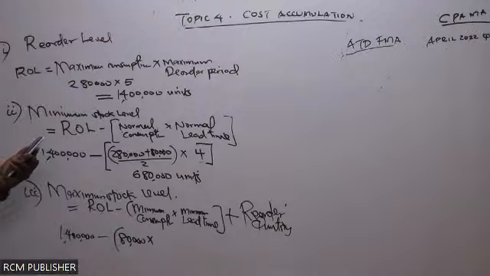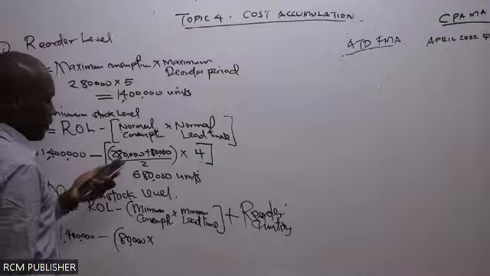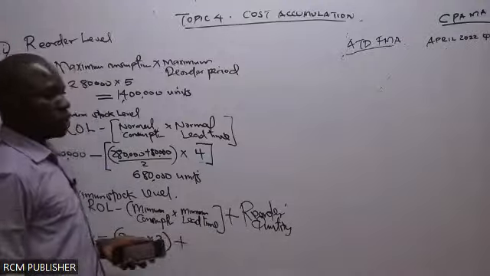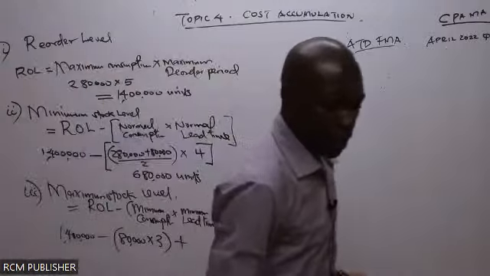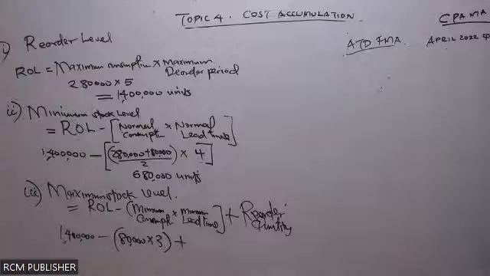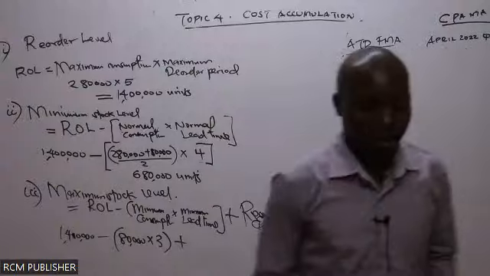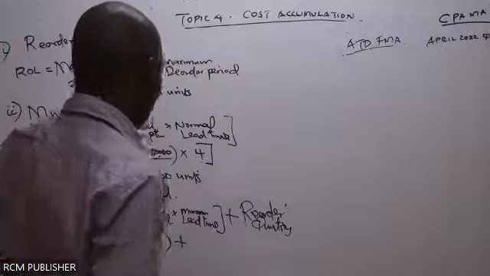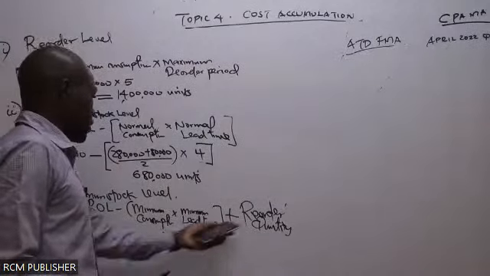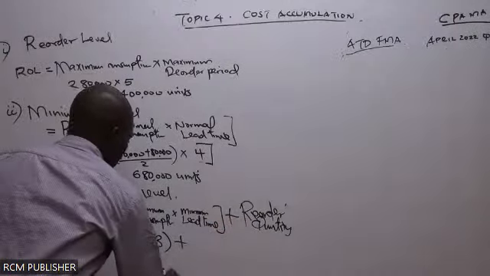Minimum lead time is the minimum reorder period, which is 3. Then we add the reorder quantity. So look for this figure here, and then I want to see your answers before.